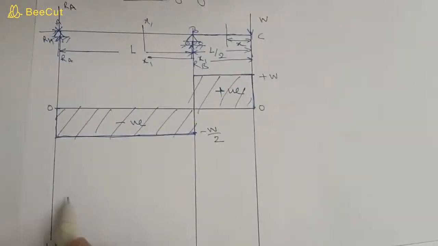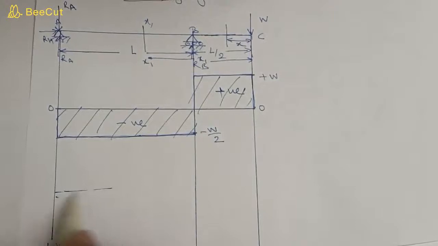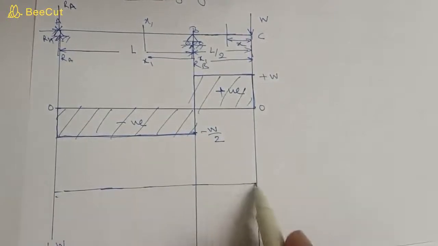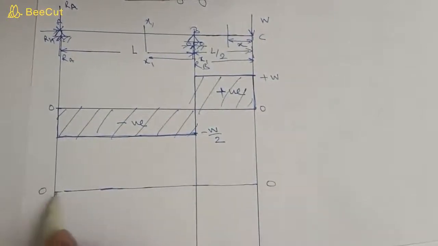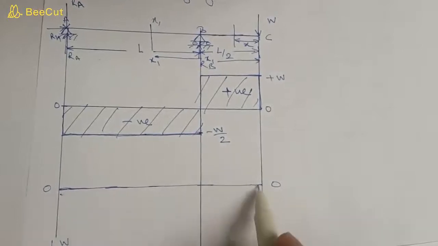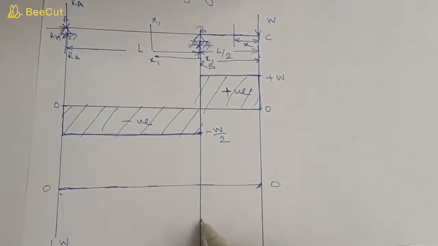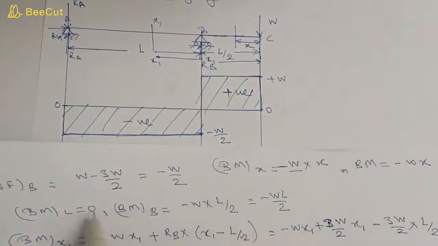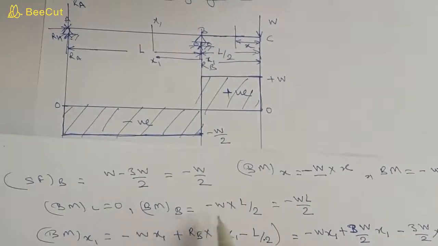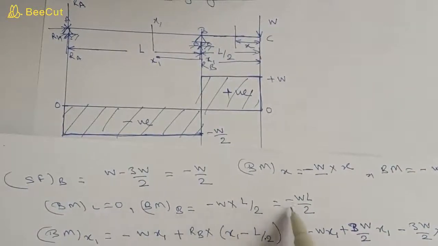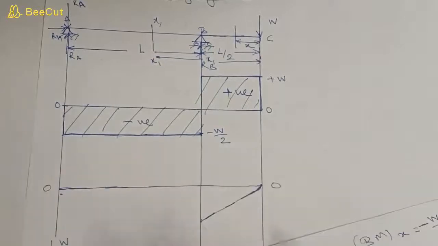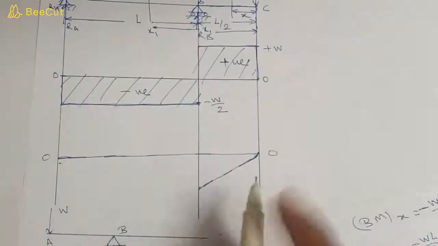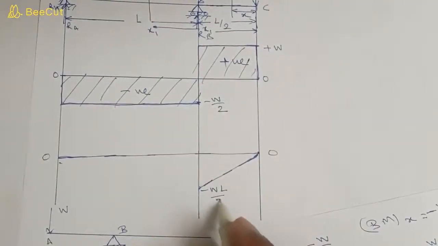Now if this is the zero line for the bending moment diagram, then we have calculated bending moment here in the negative direction. At this point we have got minus WL by 2. Here we have calculated bending moment at C equal to B equal to minus WL by 2.